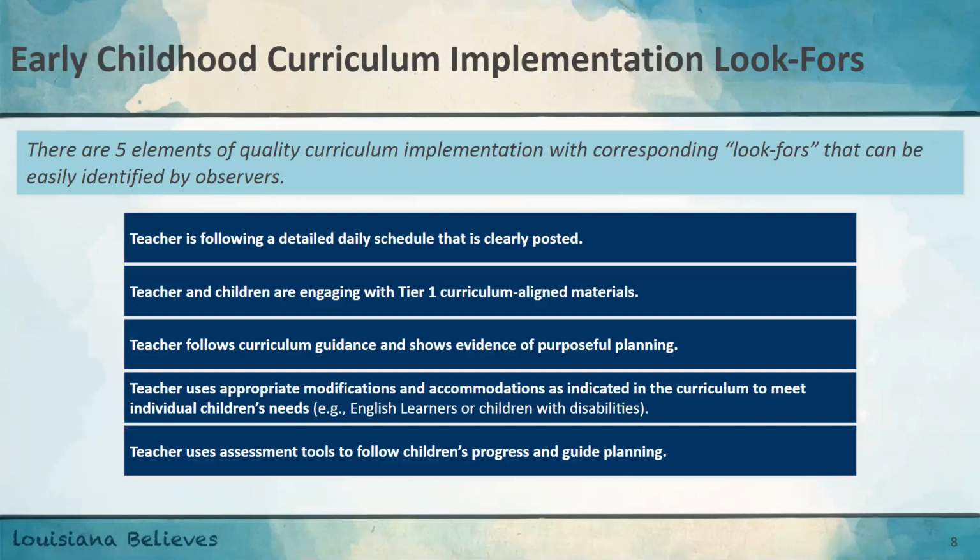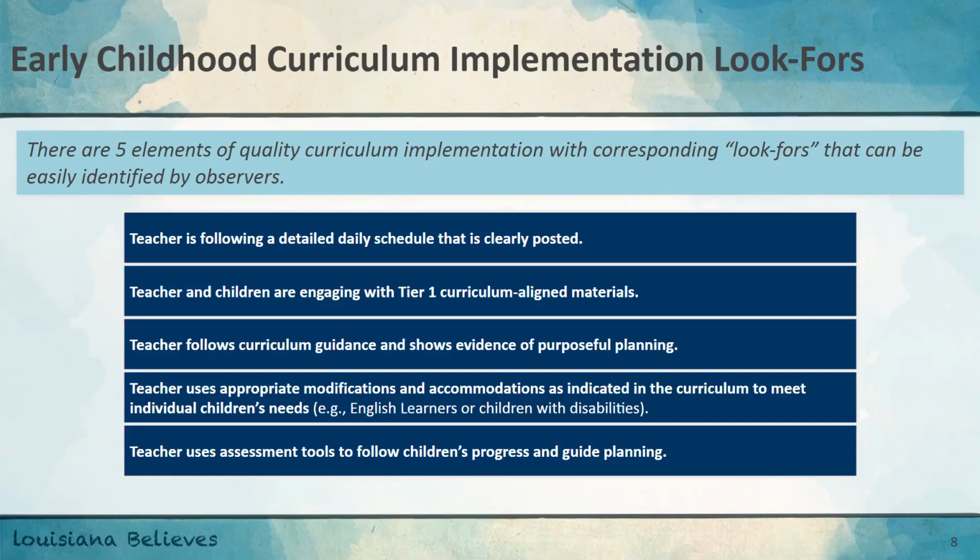So we mentioned earlier the look-fors. Those are those easy checks to see if a curriculum is being implemented with fidelity. So these are the 5 elements of quality curriculum implementation with corresponding look-fors that can be easily identified by observers. The first one will be the teacher is following a detailed daily schedule that is clearly posted. Teacher and children are engaging with Tier 1 curriculum aligned materials.